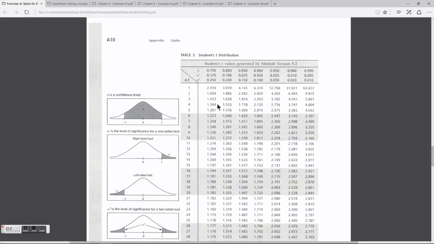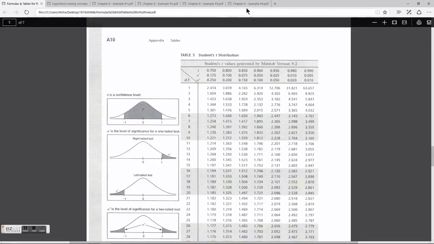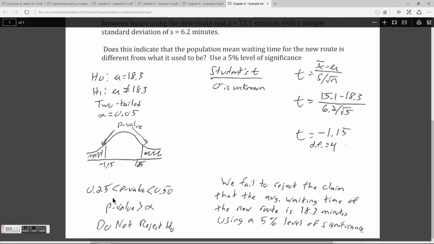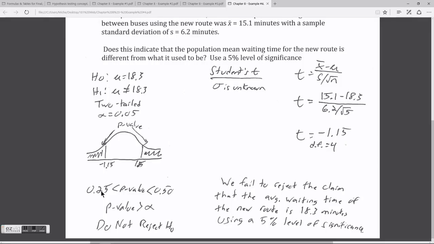So since our t-value is to the left of this, it's smaller than 1.344, the two-tail area is actually bigger than 0.25. Going back to my example here, off of another t-table, I would have known that the p-value was bigger than 0.25, but it actually is less than 0.5. However, this is still a very, very large p-value.